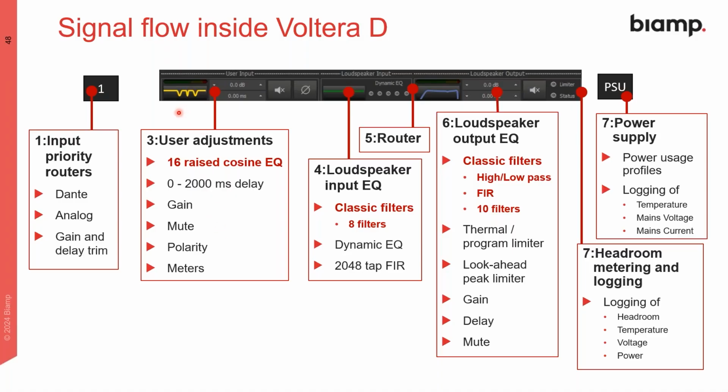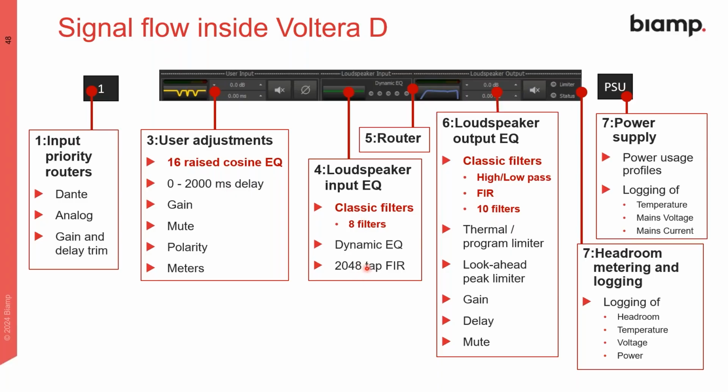When we create a loudspeaker group in a design, this is the equalizer that is affecting the group. So it's prior to the loudspeaker input, but this is what we call the user section. Then within the loudspeaker input, we have available to us 8 filters.